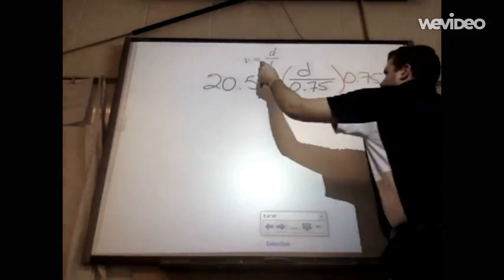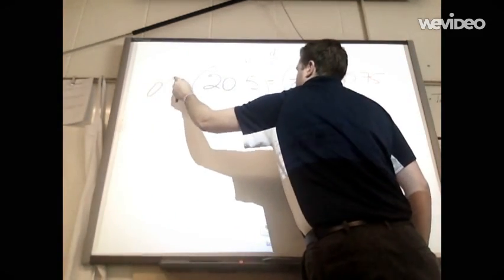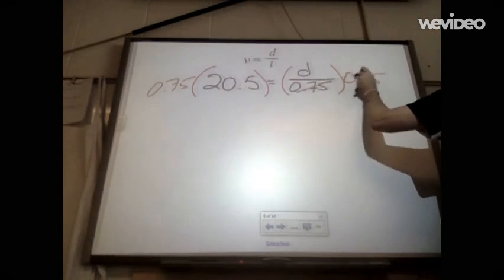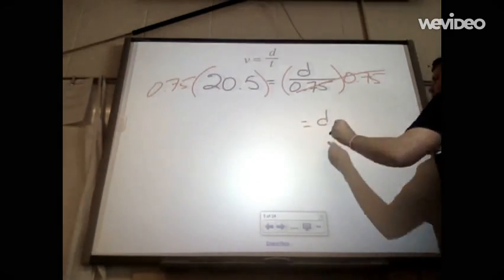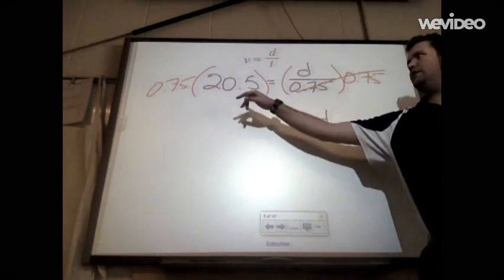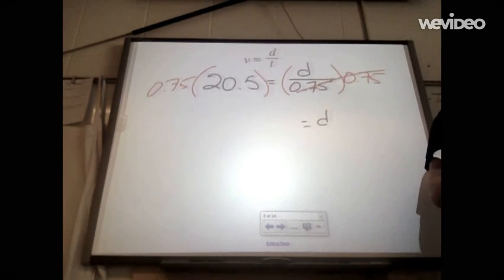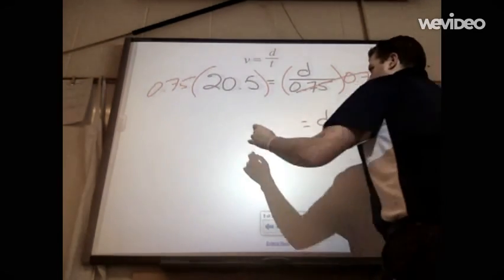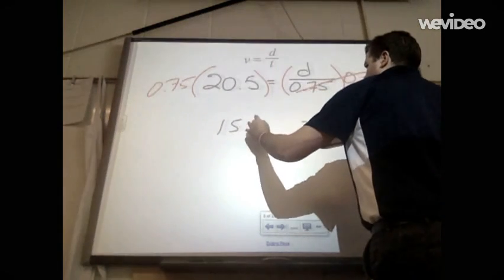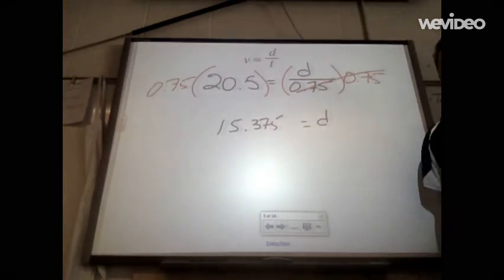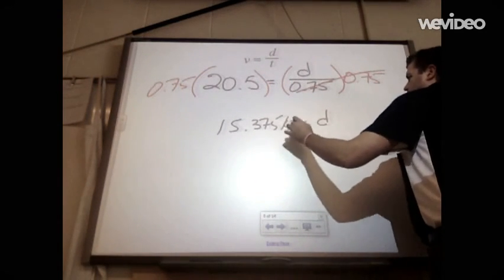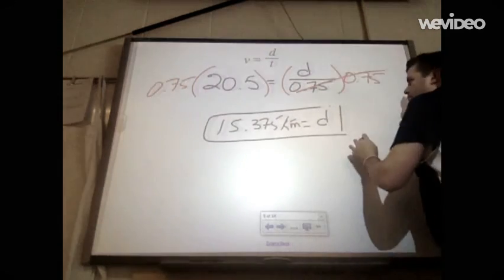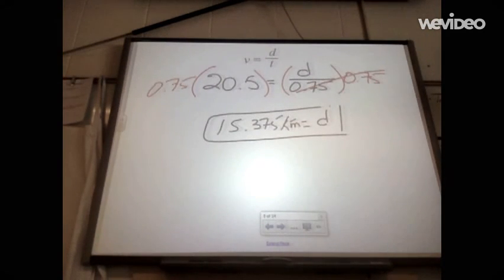So multiply. So those two cancel, leaving you with just D. Multiply these together, and what do you get? What are the units? It's a distance. Kilometers. If the question asks you to.